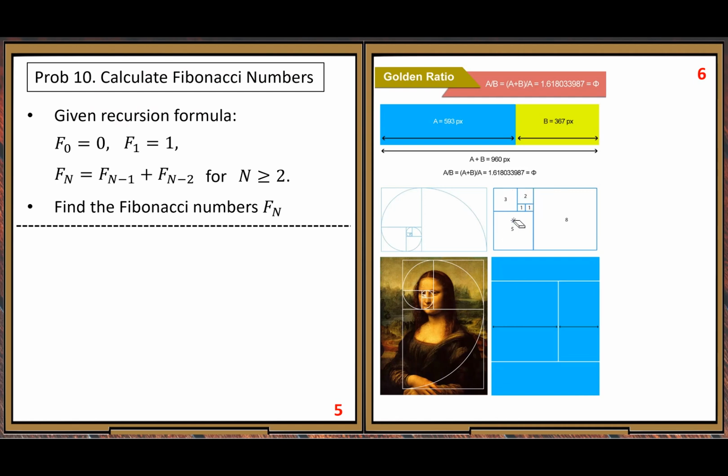So when you draw squares, 1 corresponds to f of 1. The second one corresponds to f of 2, which also equals 1. So you put a square with side 1 back to back with alignment.